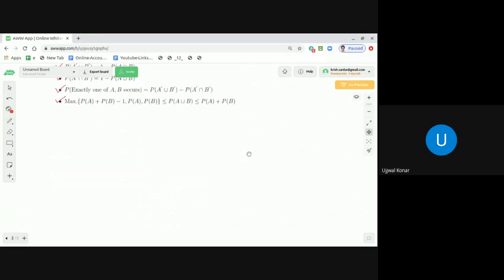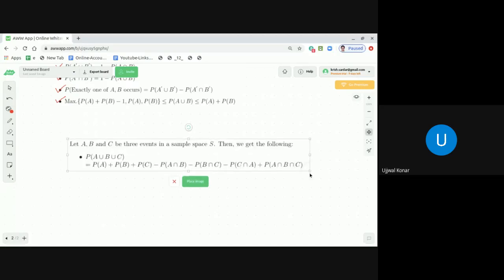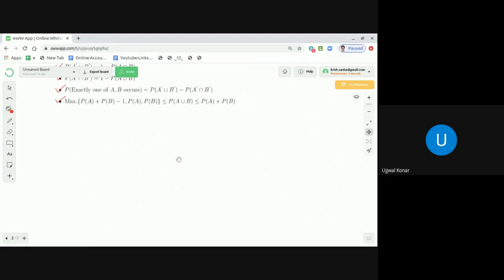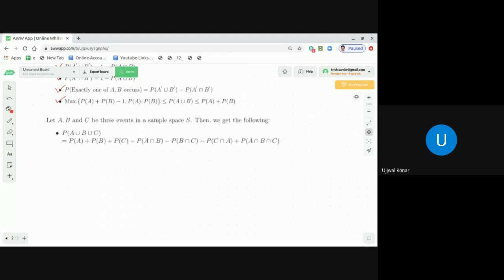Very important formula, dear students, and you need to remember this. It says: let A, B, and C be three events in a sample space S.